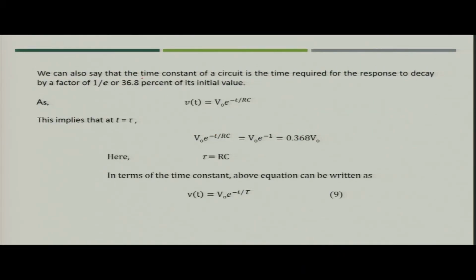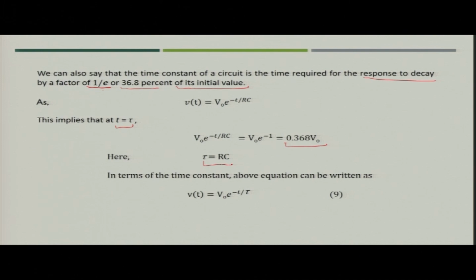When the time t is equal to the time constant tau, the response will decay by a factor of 1 by e, that is e to the power minus 1. It means that the voltage will decay to 36.8% of its initial value.